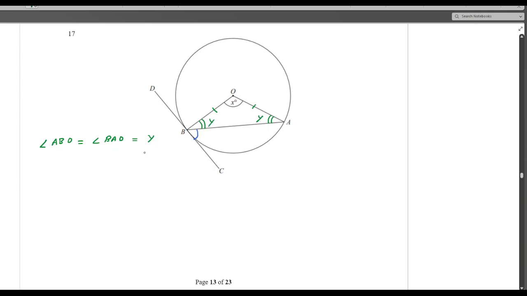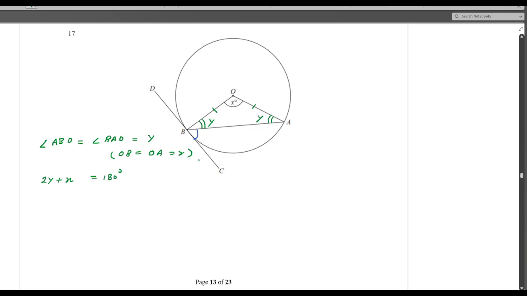Here you can say that OBA is an isosceles triangle, or you can say that OB is equal to OA is equal to your radius. So 2 times y plus x gives you 180 degrees.